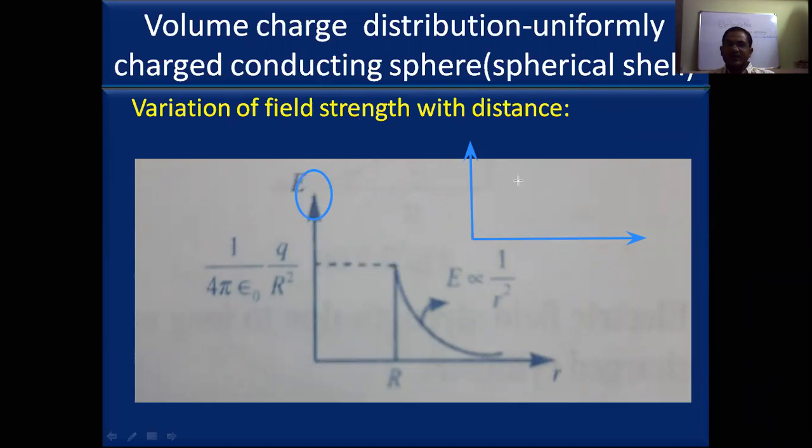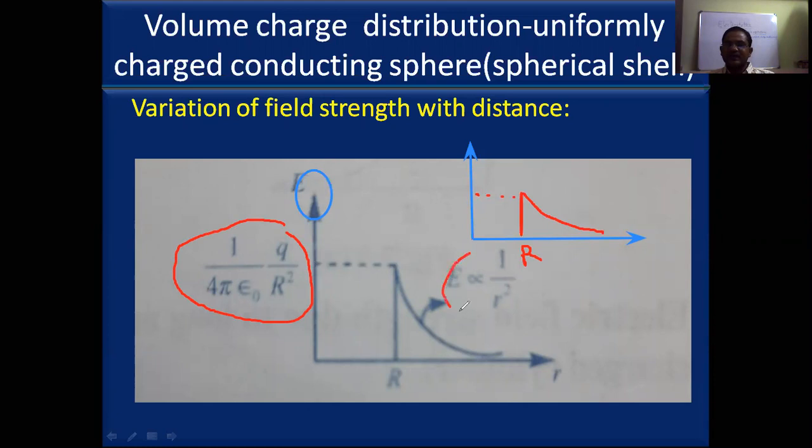At R equal to capital R, that is on the surface, the graph will be like this. On the surface, the field strength is 1 by 4 pi epsilon naught Q by R square, which is the maximum. As we move from the surface to an external point, E is inversely proportional to R square.